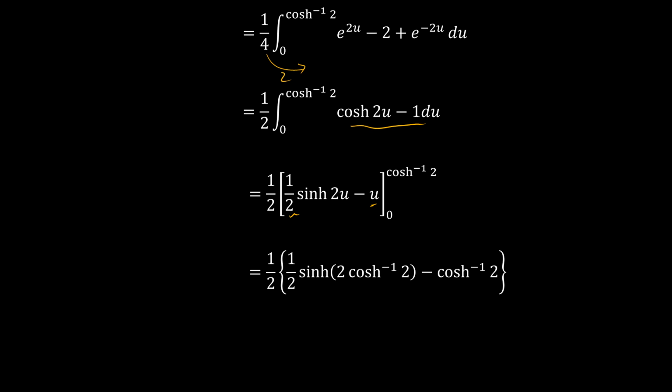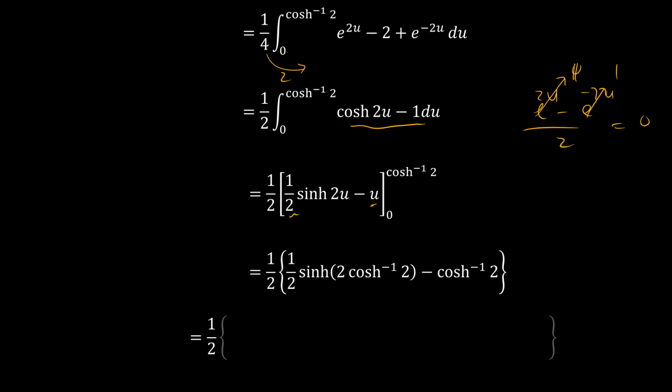And then on the lower limit, at u equal to 0, the hyperbolic sine of 0 is 0, and u is 0, so this becomes 0.